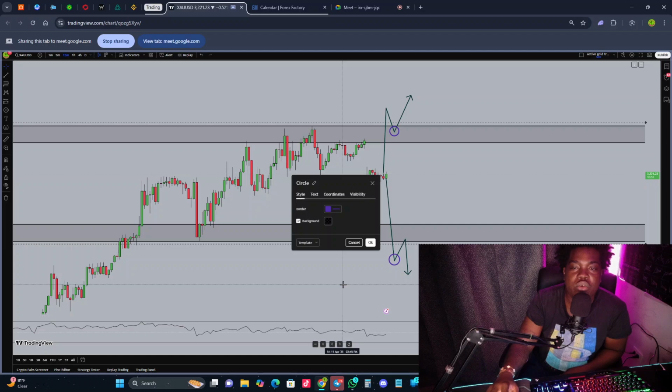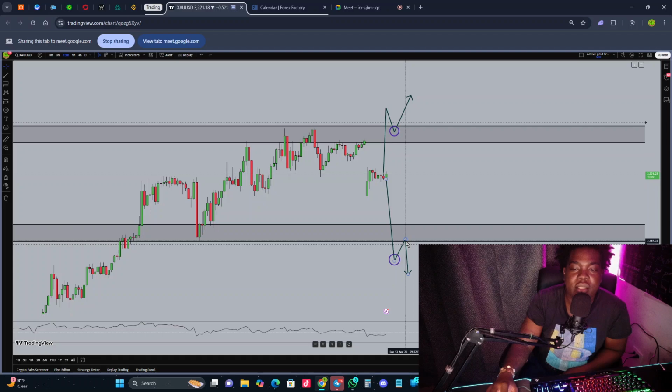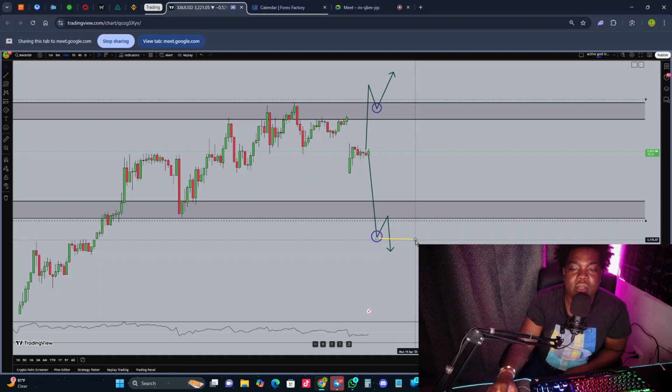Anybody know why the entry point will be here instead of up here? Why is it I would enter here when the market pulls back, and I would not enter here when the market breaks below? Let's see if anybody knows.